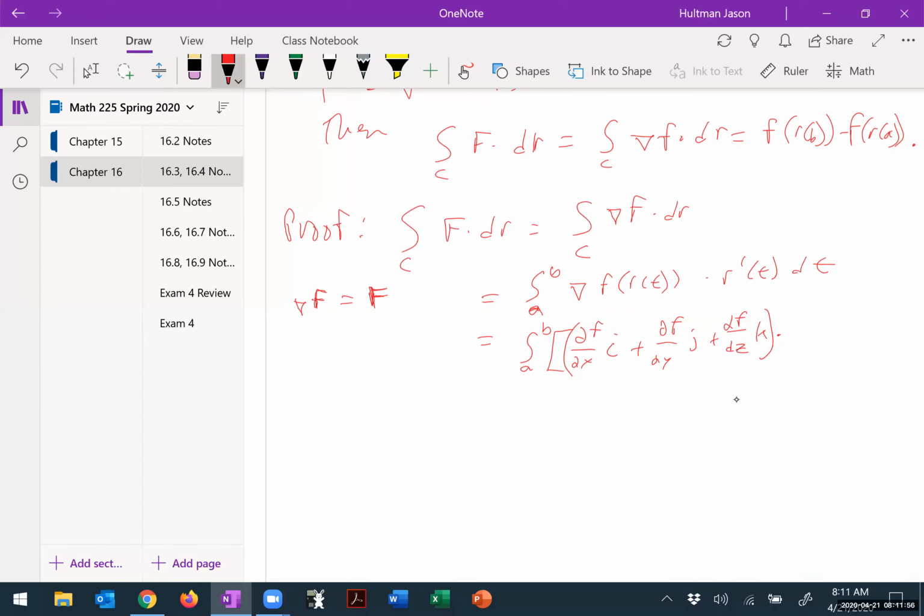So r prime of t is the derivative of r of t.